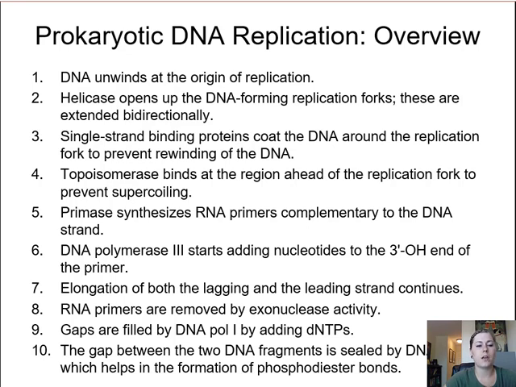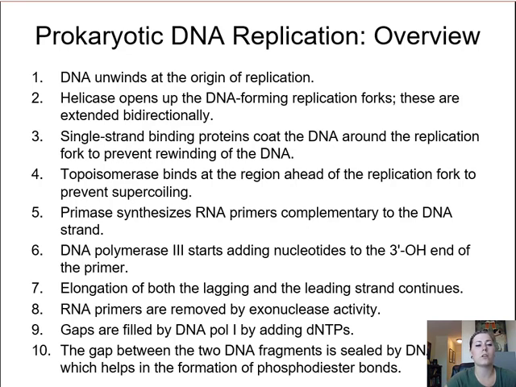Helicase will open the DNA, or split the DNA, which will then form multiple replication forks. Single-strand binding proteins will then coat the DNA around the replication fork to prevent it from reconnecting or rewinding. Topoisomerase will bind at the region ahead of the replication fork to prevent supercoiling. Then primase will synthesize RNA primers complementary to the DNA strand.